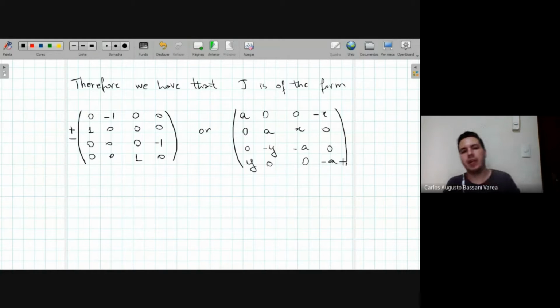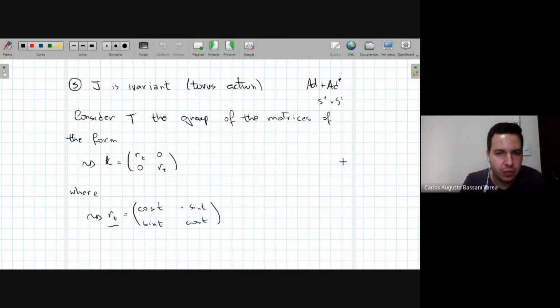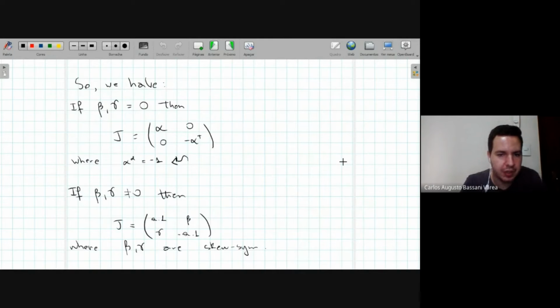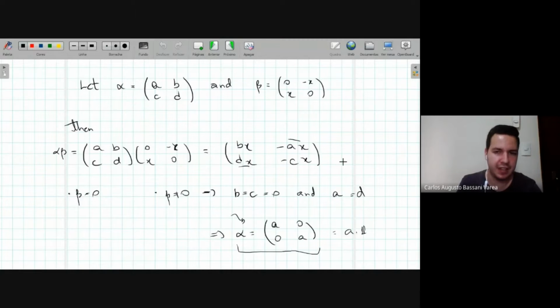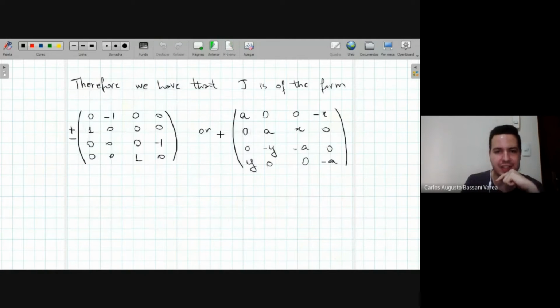I didn't write here, but we need to analyze the condition J squared equals minus 1. When J squared is minus 1, we have this condition, and it's translated in these guys here. We have the following condition, that A squared is equal to xy minus 1, because J squared must be minus 1.